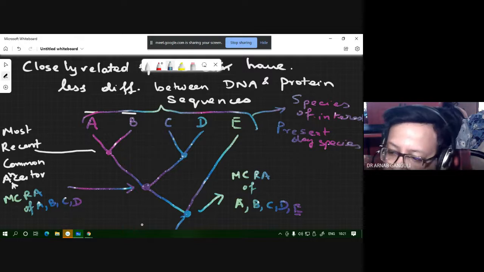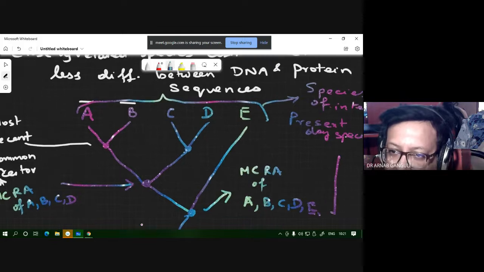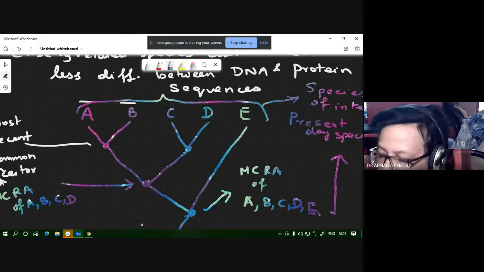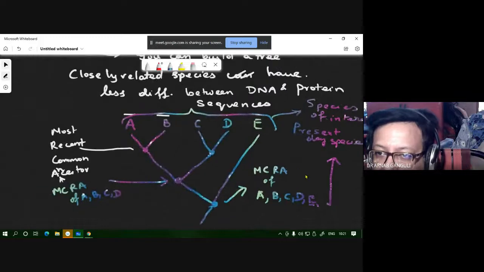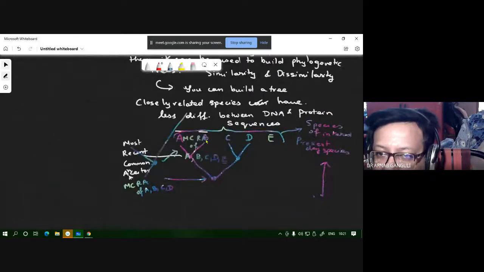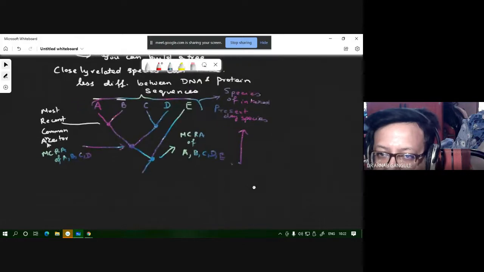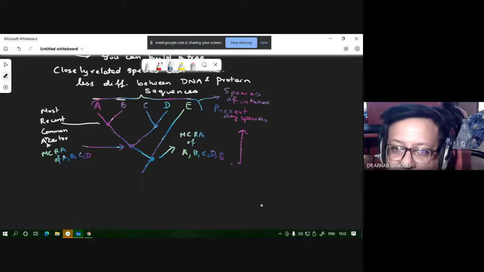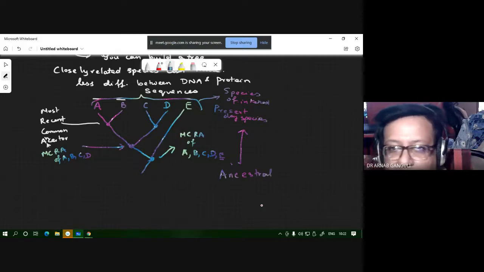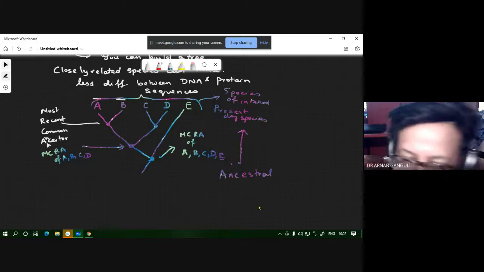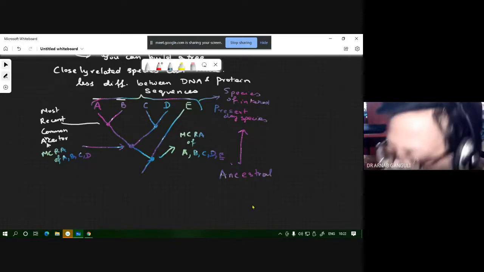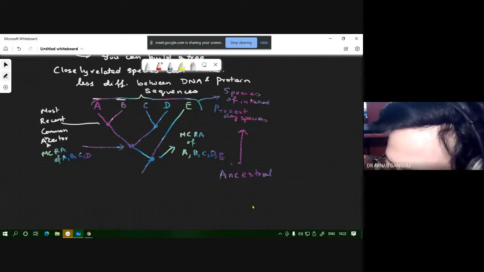Those who are alive today. And these are the ancestral species. Are we clear so far? সবকিছু ঠিকঠাক বুঝতে পারছো? এবারে আমি আসল জায়গায় আসছি। Yes, sir.